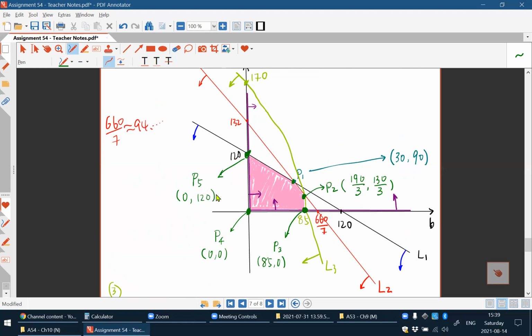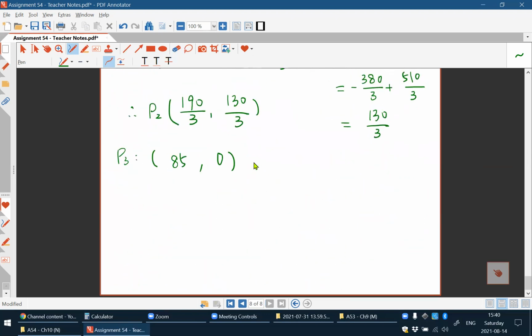Okay, so now we have the coordinates of P1 to P5, because these are the only vertices of the bounded region. So we only need to check the target function at these vertices only. So again, let's make a table.